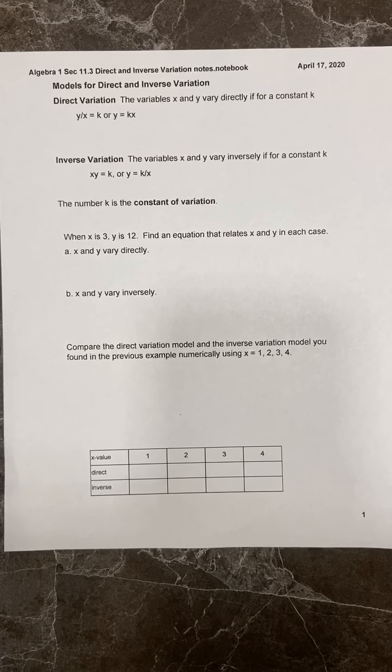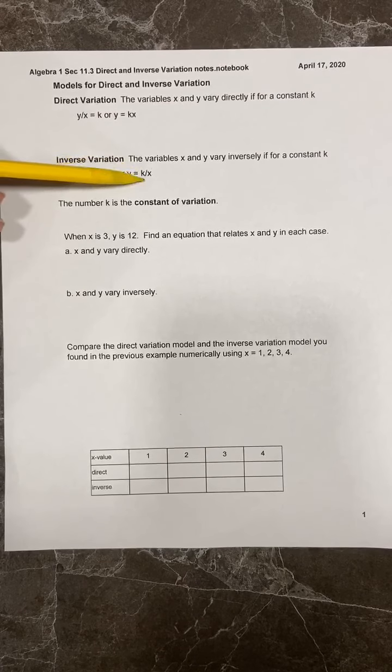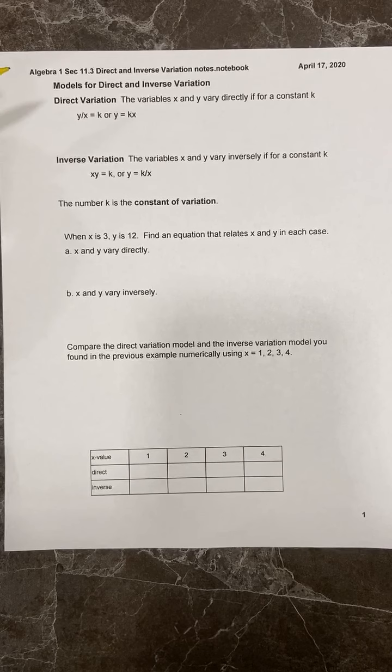So direct variation is y equals k times x. Inverse variation is y equals k divided by x. And k is known as the constant of variation. So when we're looking at y equals kx, k would be a number, and y and x would be the individual variables.